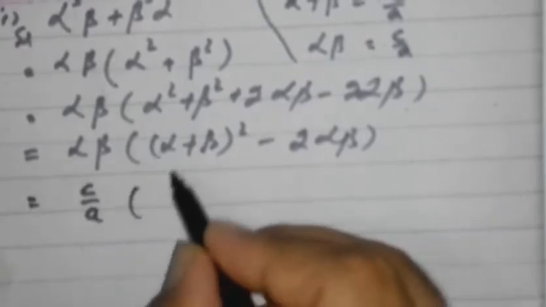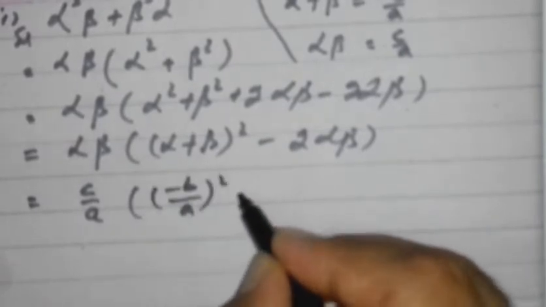Alpha beta is the product of roots, which equals c by a, and alpha plus beta is the sum of roots, which equals minus b by a, whole square, and minus 2 times c by a.